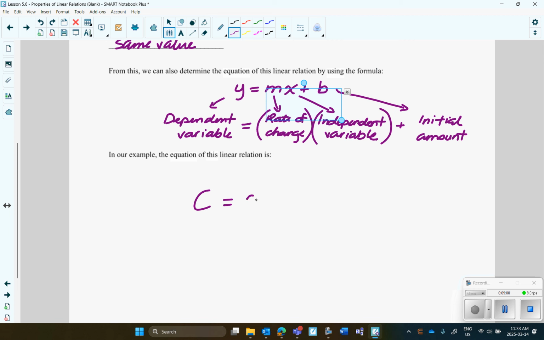Well, we calculated it to be 0.75, times the independent variable, which was the number of toppings, which we decided to call n, plus the initial amount. How much did it cost for 0 toppings? How much was the pizza? $5. That's what our equation is going to look like.